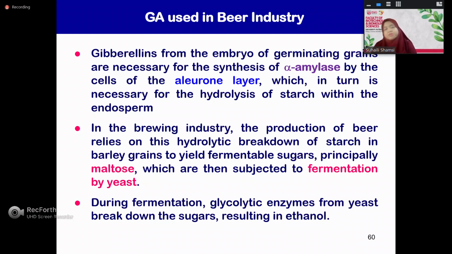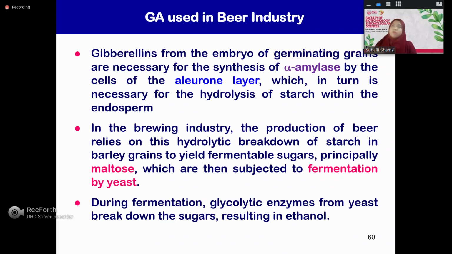And the hydrolysis of starch basically requires an enzyme known as alpha amylase. So gibberellic acid enters the endosperm, and then diffuses into the aleurone layer. And this aleurone layer contains many starch granules, right? That contain carbohydrates, the stored polysaccharide.